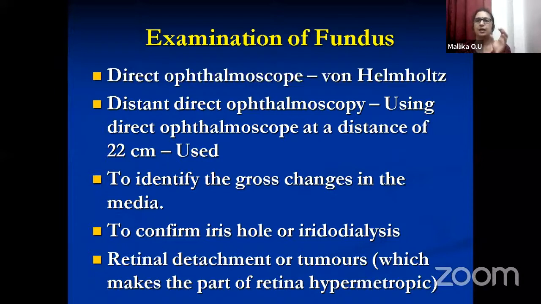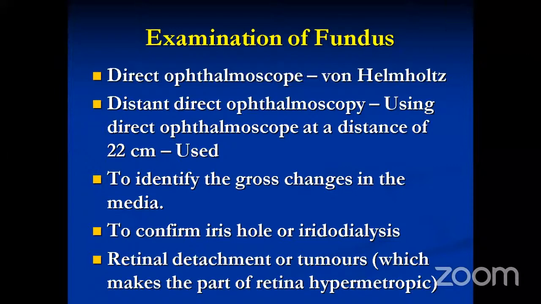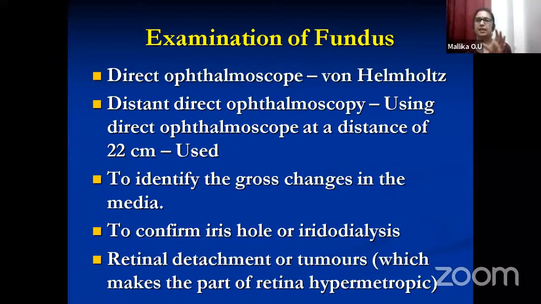From the head, the light passes through the patient's pupil into the retina, and from the retina it is reflected back into our eyes. When it is reflected back, we see the pupil as a uniform red color, or any defect in the iris.